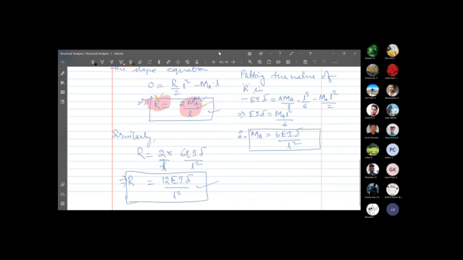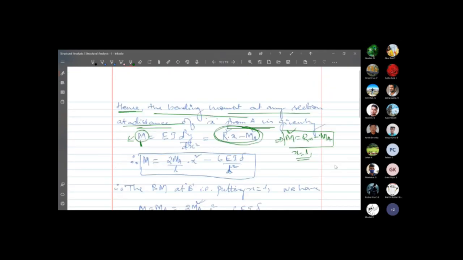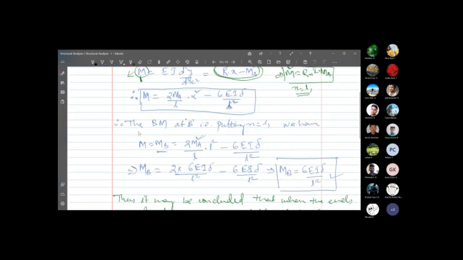So I have mentioned it clearly: the bending moment at B, putting x equals L, we have M equals MB.